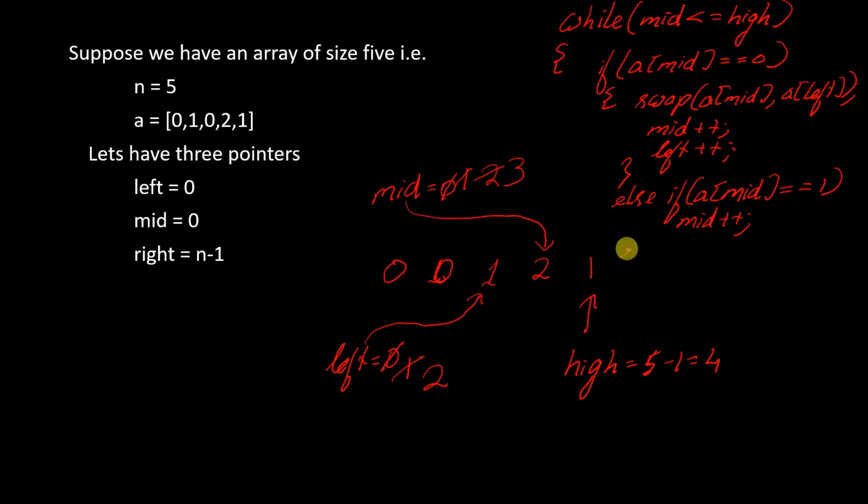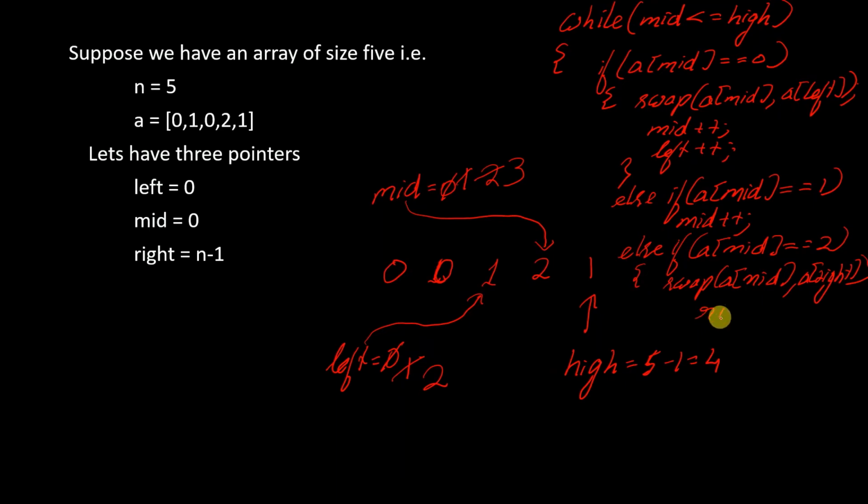Here comes the third condition, that is array of mid is equal to 2. Here we have to swap array of mid with array at high, and we have to decrease the right pointer, that is this pointer.